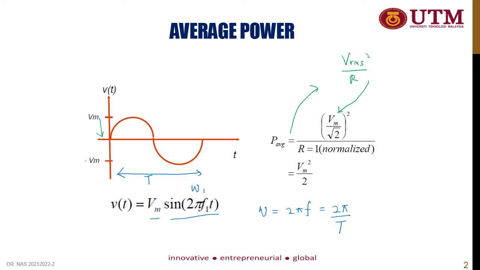So this is V max or V peak divided by square root of 2, squared, divided by R. If R is not given, we can assume R equal to 1, normalized resistance. So P average is equal to Vm squared divided by 2, in which Vm is equal to V peak, squared, divided by 2.